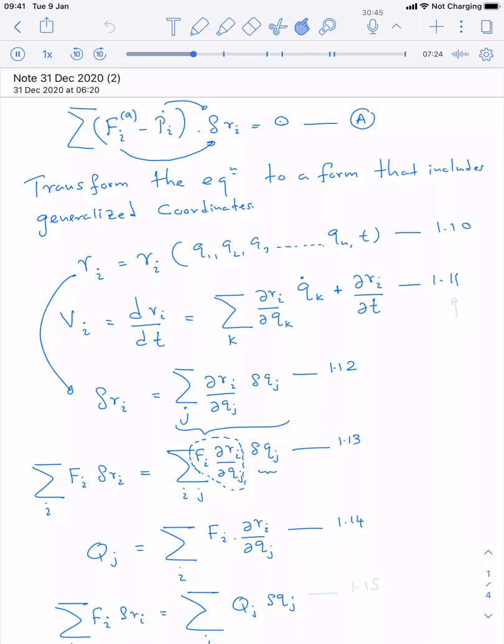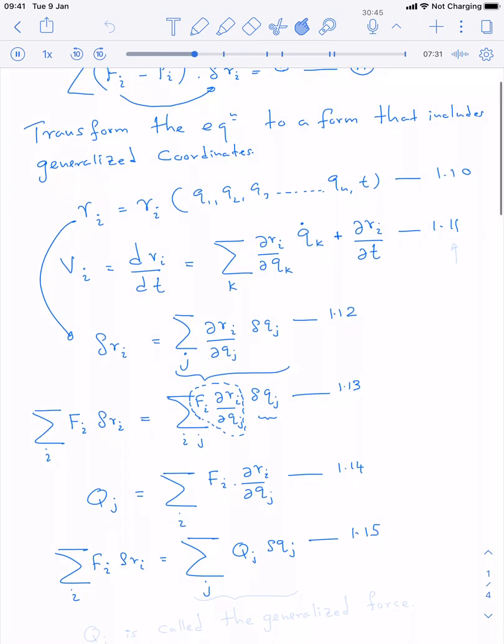So by substituting the generalized force, now this can be named as 1.15.